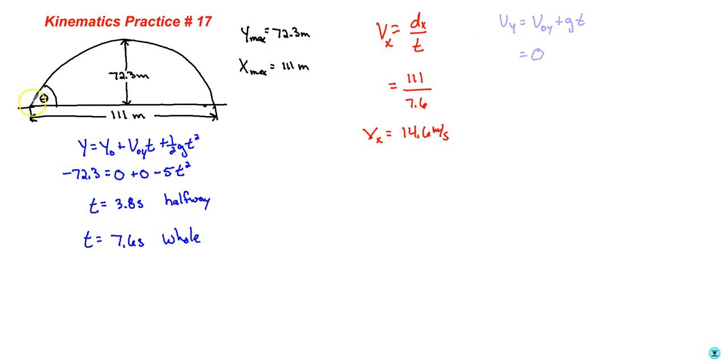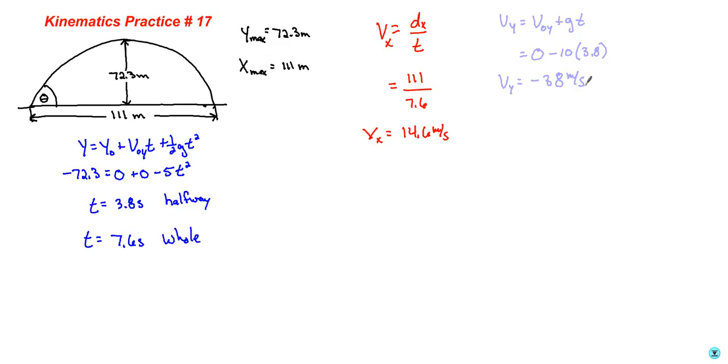If we took it from the beginning right here, we have no idea what this initial speed is, so we can't plug anything in up here. We have to go from halfway where we have information about that y speed. And then it's minus 10, and because we're halfway, it's going to be 3.8 seconds. So we know that when it hits the ground, it's going to be traveling negative 38 meters per second.